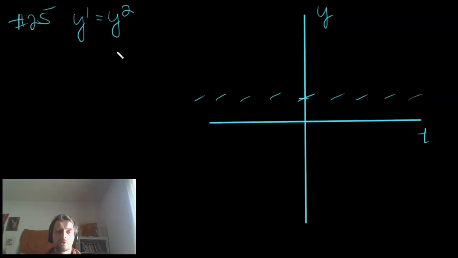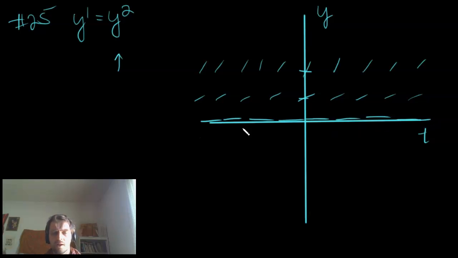Then as the y values increase, if y is equal to 2, for instance, then y squared would be 4. So when y is equal to 2, my slope is even more steep. So we get steeper going up. When y is 0, the slope is 0, so we end up with zeros across there. And when we get smaller values, if y is something like -1, it has the same slope as +1, so it will look just like what was up there.